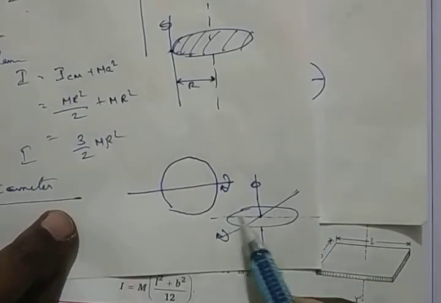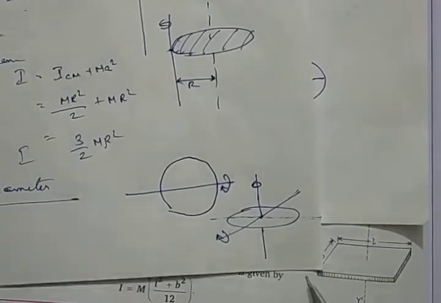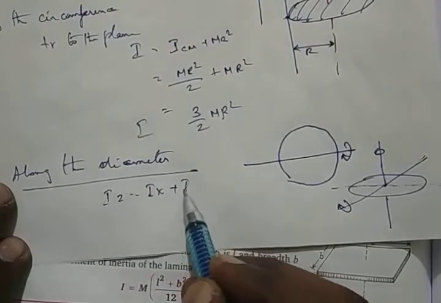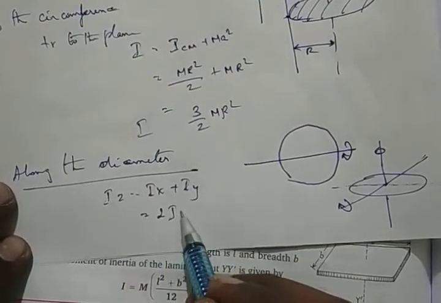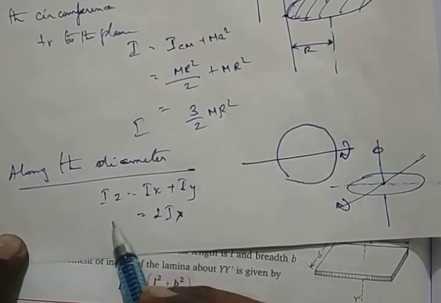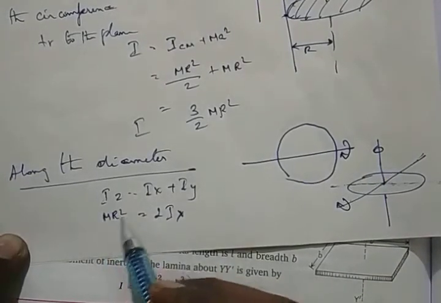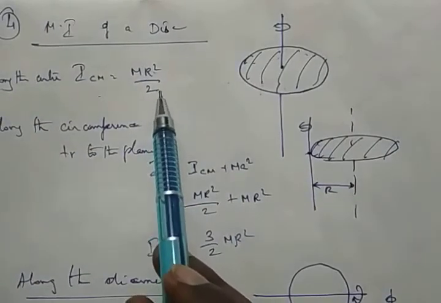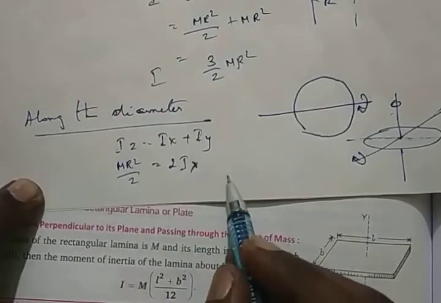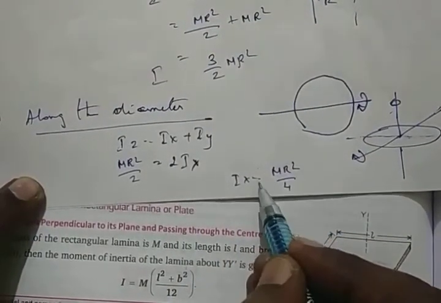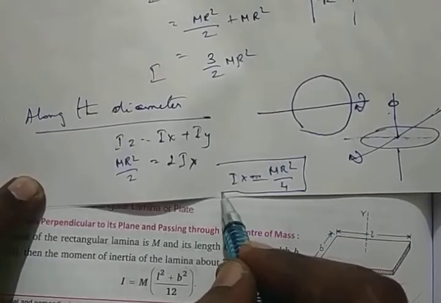So Ix plus Iy is going to be equal to Iz. Here it will become 2 times Ix because this one and this one are the same. 2 times Ix is equal to Iz, which is already there, mr square by 2. So Ix is going to be equal to mr square by 4.